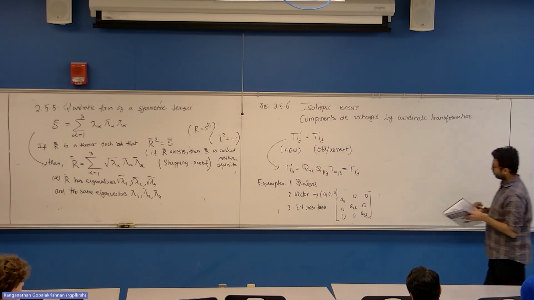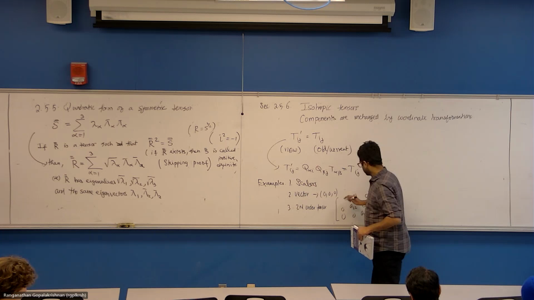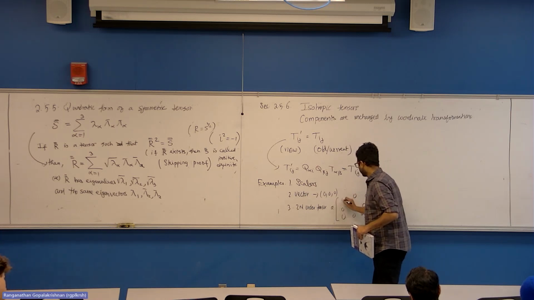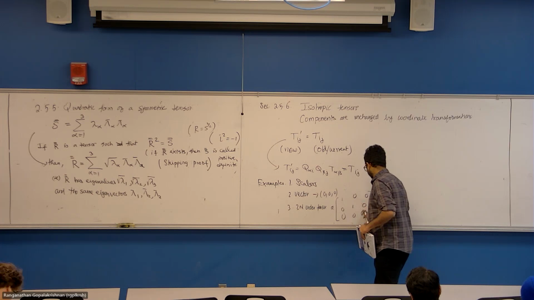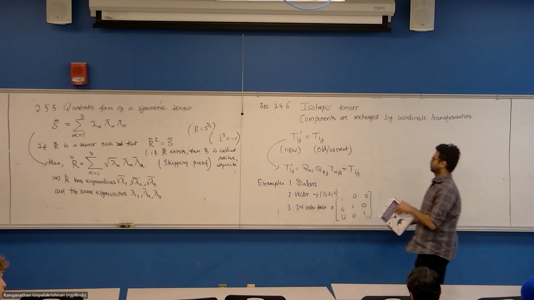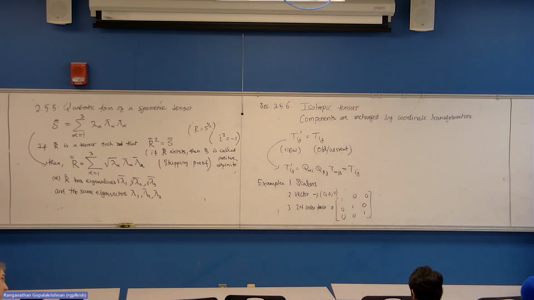Wait, not only diagonal elements, it has to be basically a scalar times identity matrix. And I'll give you the proof for that.